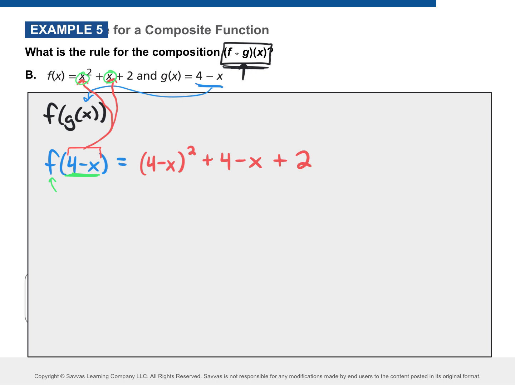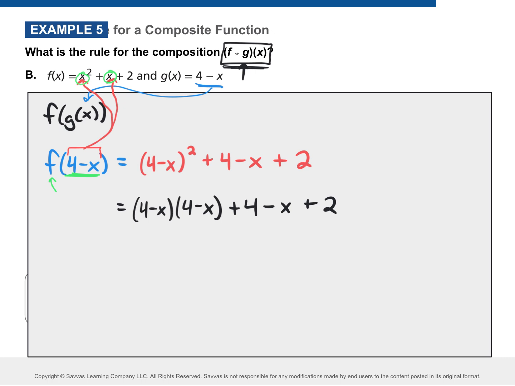What does this mean? How can I rewrite this? Yep, 4 minus x. 4 minus x. And then I'm just going to rewrite what I have left for now. Now I need to do what?